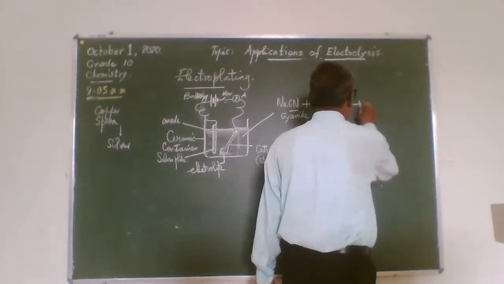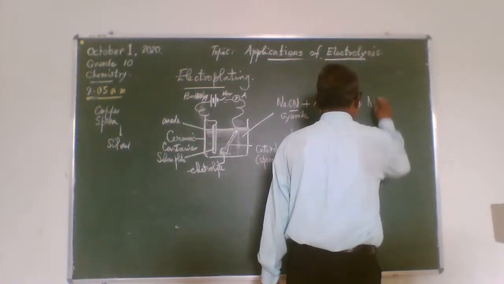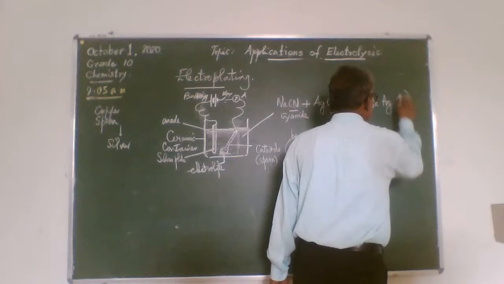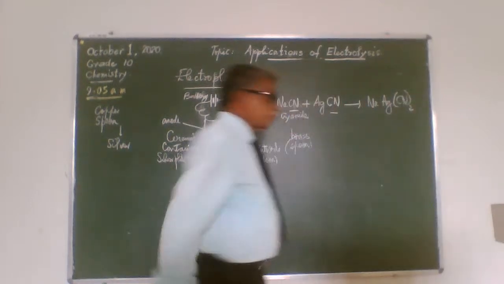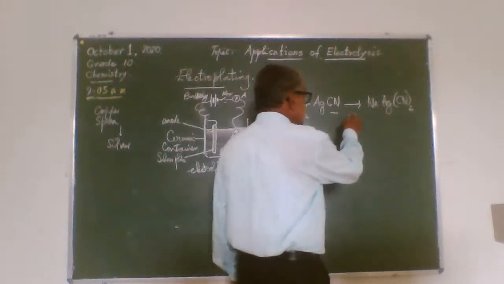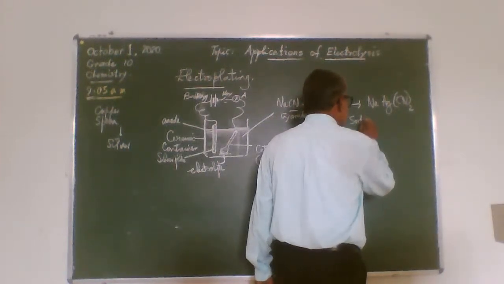When these are mixed, they react and produce NaAg(CN)2, which is known as sodium argentocyanide.